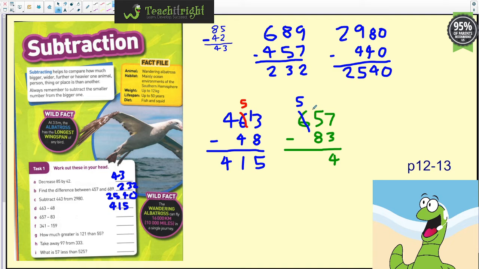So instead of having just 50, we can now say we've got 150, and 150 take away 80 we can do. The same way 15 take away 8 is 7, 150 take away 80 is 70. So we can afford to write 70 in the tens column there, and then we just have the 500s left over. So my final answer is 574.